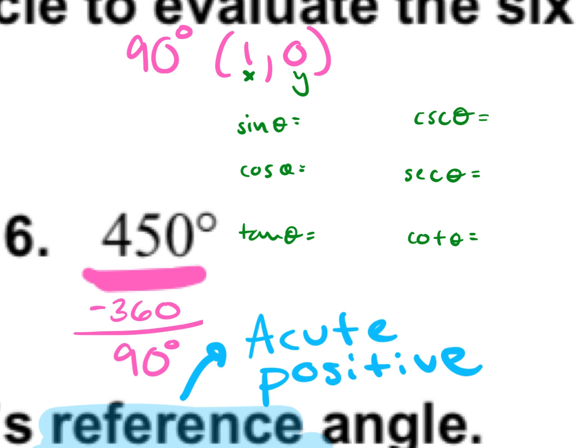On our unit circle, r is just 1, so we don't use the r. So sine is y, cosine is x, and tangent is y over x. And then our reciprocal functions, cosecant would be 1 over y, secant is 1 over x, and cotangent is x over y.